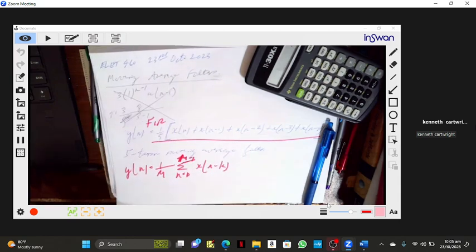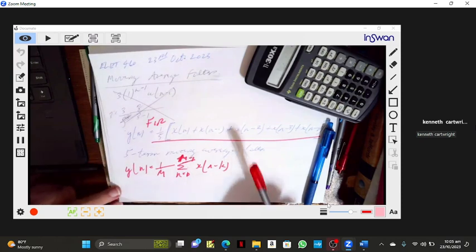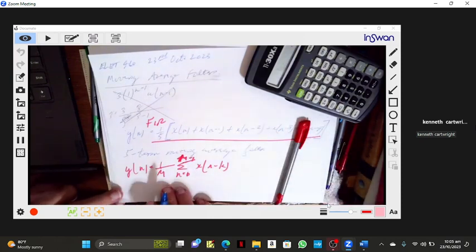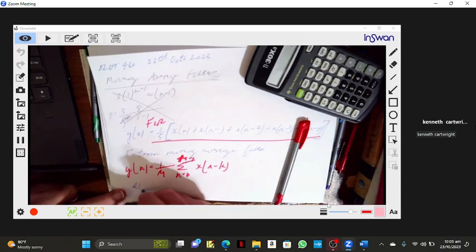So what's the impulse response of this filter?